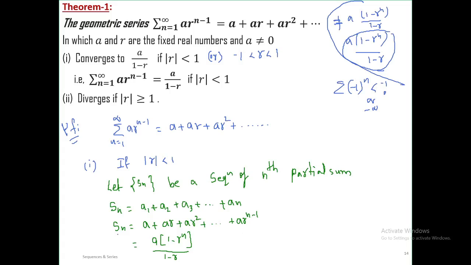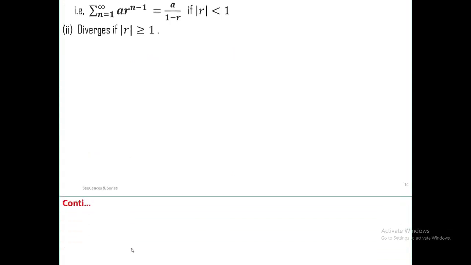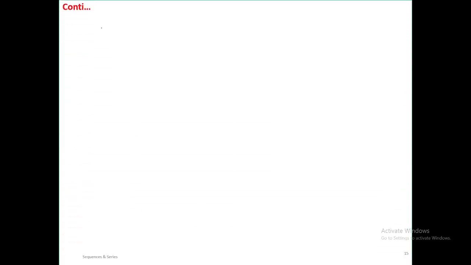Now let us apply the limit to this number Sn. So limit n tends to infinity of Sn value. What is Sn here? a into 1 minus r to the power of n, divided by 1 minus r. Let me simplify this.